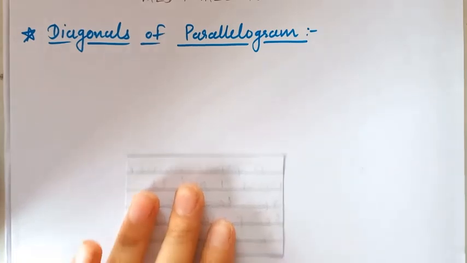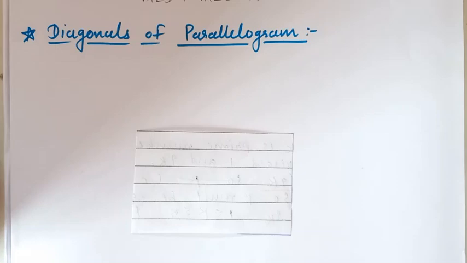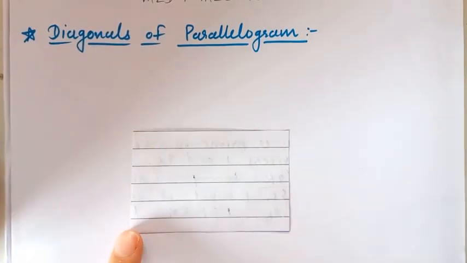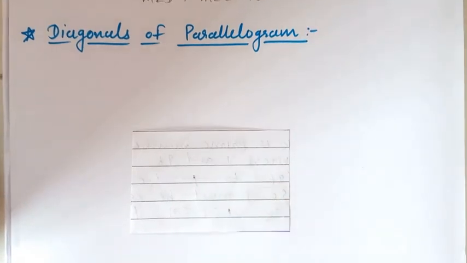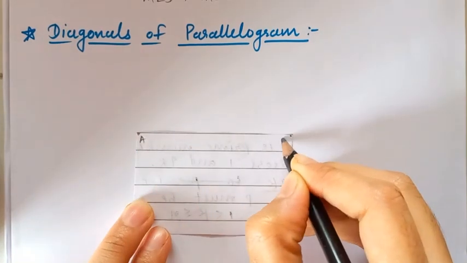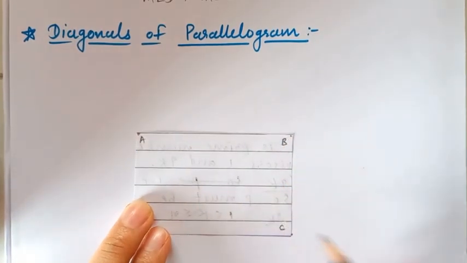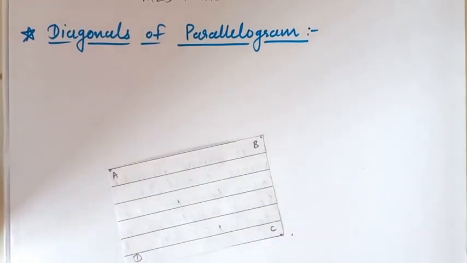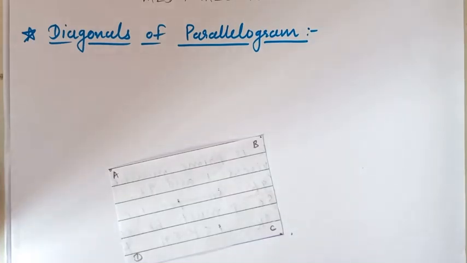Take your paper and cut out one parallelogram and name it A, B, C, D. This point is A, this point is B, this point is C and this point is D. Now let its diagonals AC and DB meet at O.